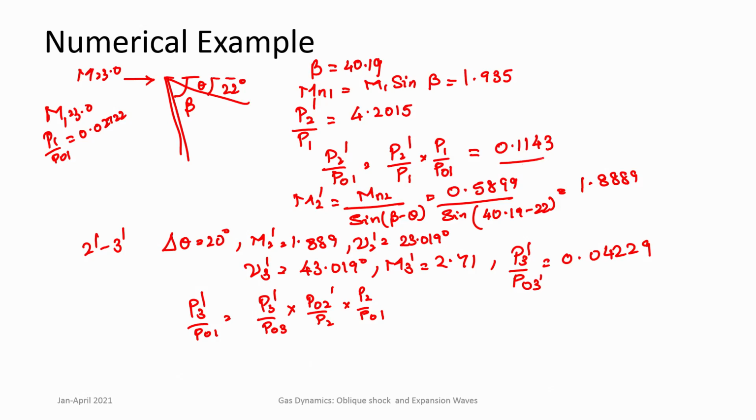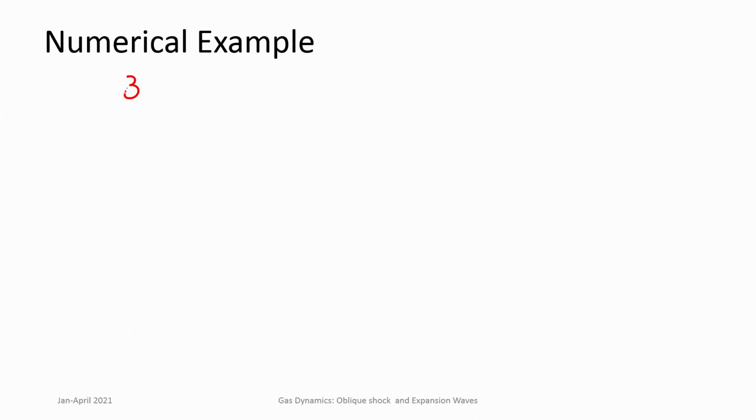We have got P2 by P01 here, and we know the Mach number is 1.889, so we can find P02 by P2 prime. P02 is equal to P03. So P3 prime by P03 can be known from the table. Doing the multiplication, this turns out to be 0.03184.